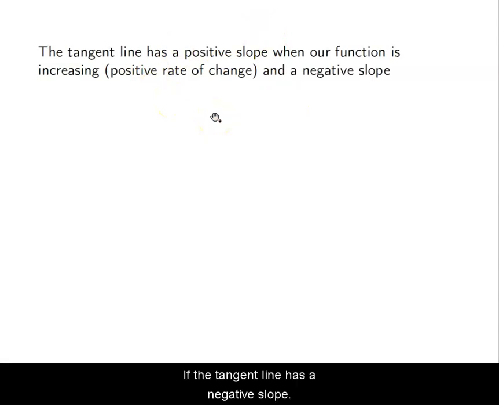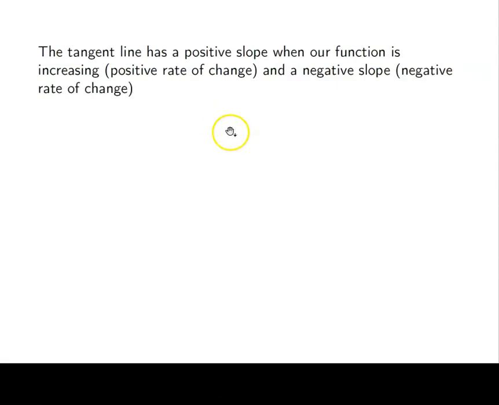Okay, if the tangent line has a negative slope, then that means that my function is decreasing in value as I move forward. So the sign of the slope of the tangent line is important to us because it tells us what a function is doing.